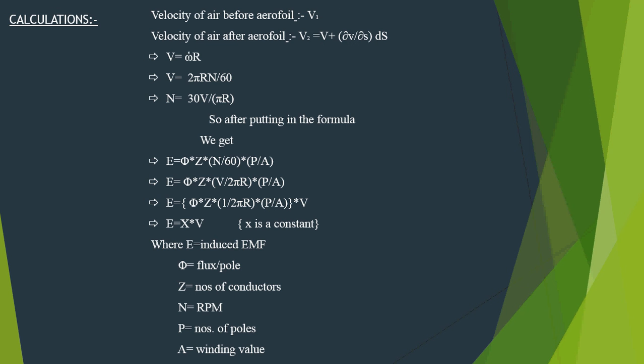Taking everything else as constant, leaving v, we get the formula E is equal to x into v, where x is a constant. Here E is the induced EMF, phi is the flux per pole, z is the number of conductors, n is the rpm, p is the number of poles, and a is the winding value.